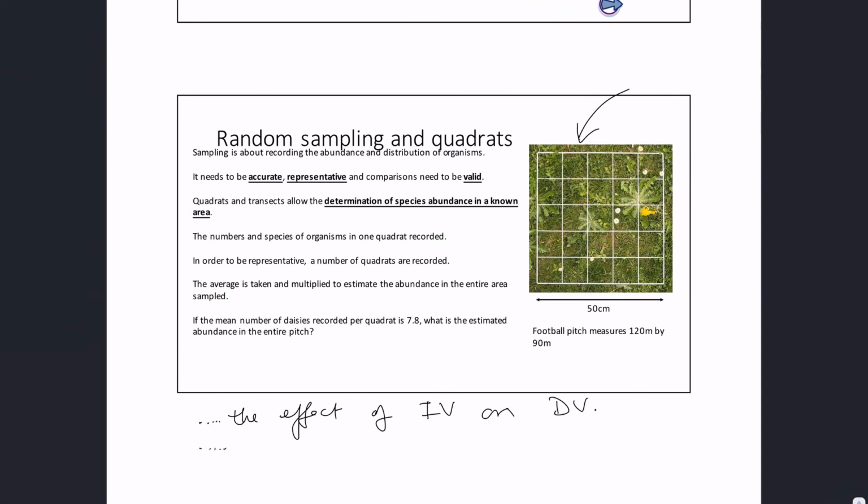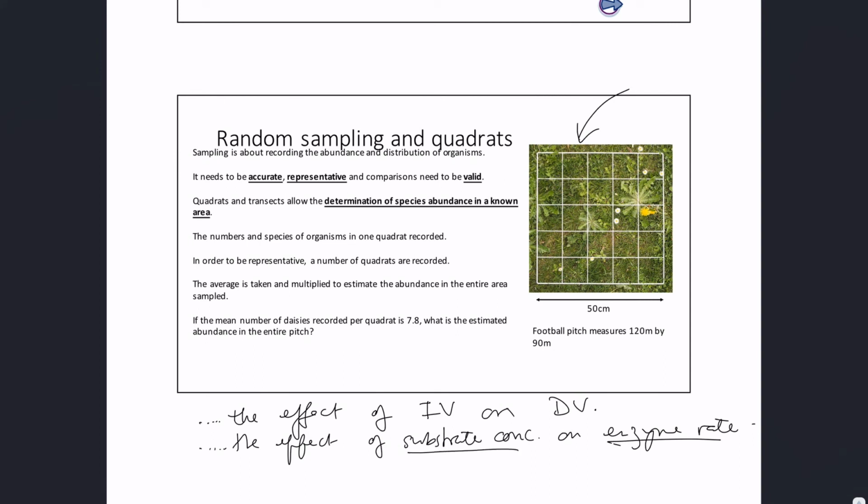Okay? For example, the effect of substrate concentration on enzyme rate. Dependent variable, independent variable.